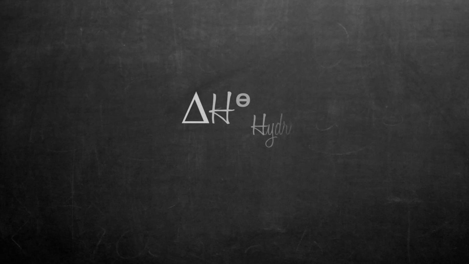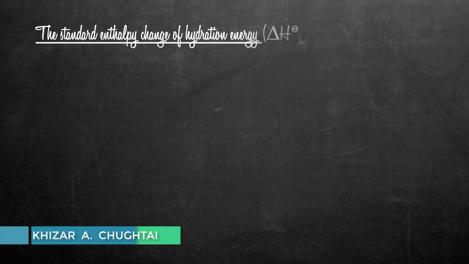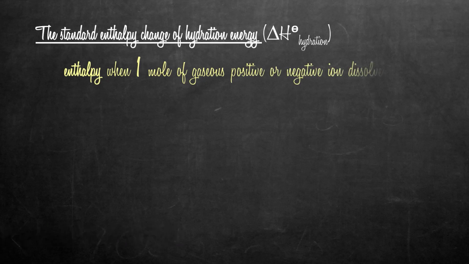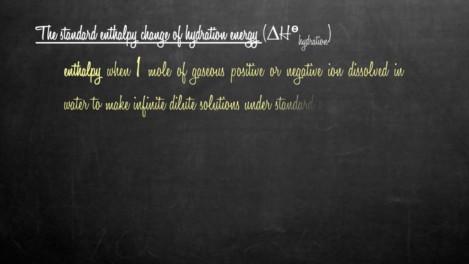Enthalpy change of the hydration energy or hydration enthalpy. Standard hydration enthalpy. Enthalpy when 1 mole of the gaseous positive or negative ion is dissolved in water to make infinite dilute solution under standard conditions.